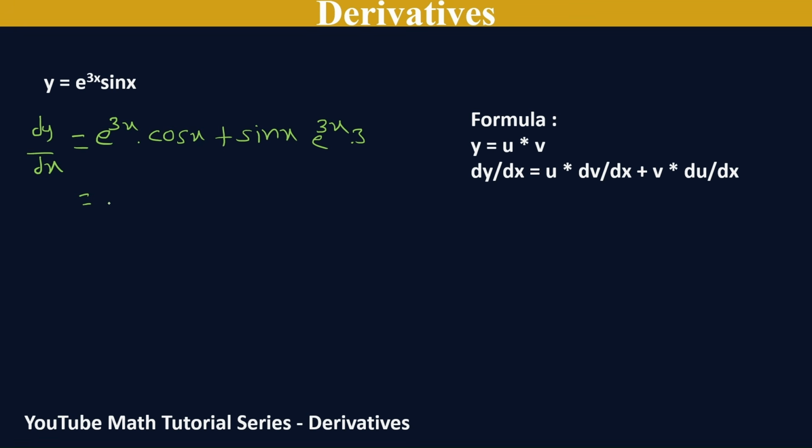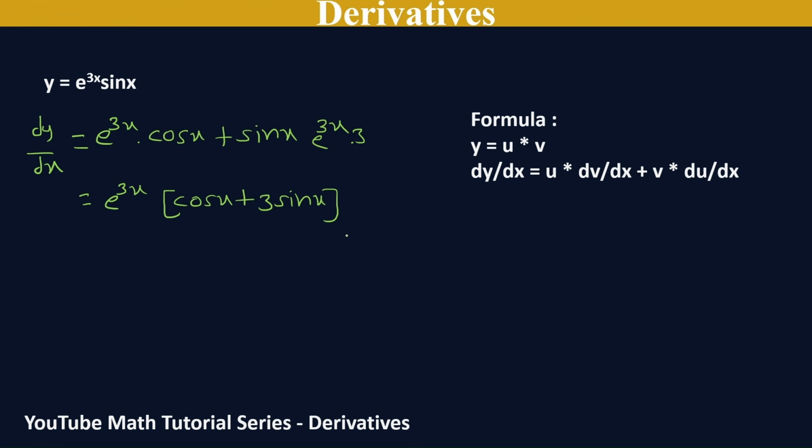E to the power 3x is present in both, so I'm keeping it aside: e to the power 3x in a bracket, cos x plus 3 sin x. This is the answer. We are just using this formula, nothing else we have done.